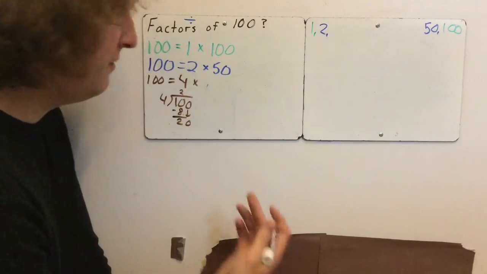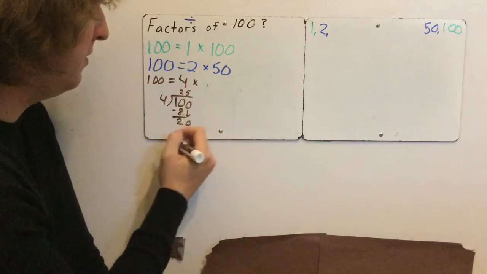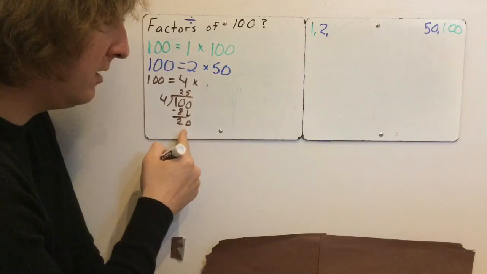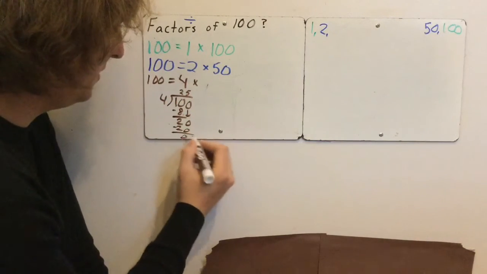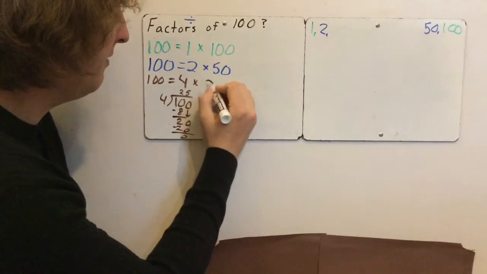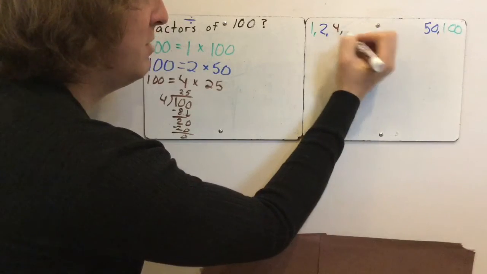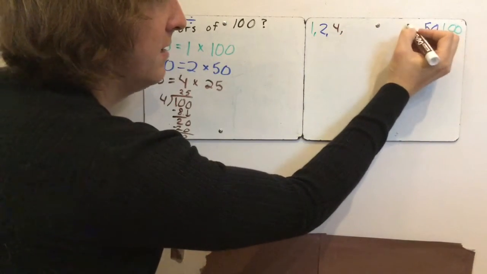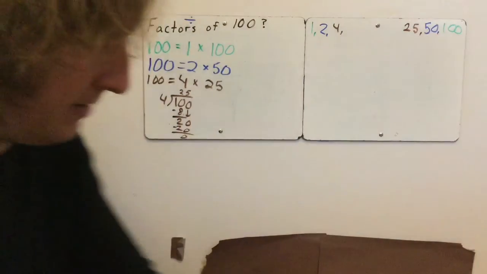You know 4 times 5 is 20 perfectly, so there's going to be no remainders there. 20 take away 20 itself is 0. 25. Very good. The next factor is 4. We're skipping 3. And here we've got 25.